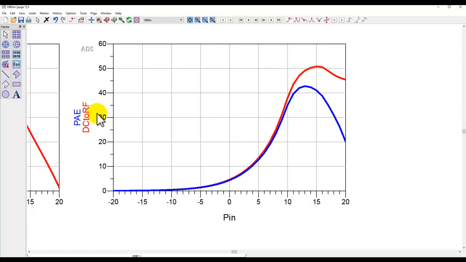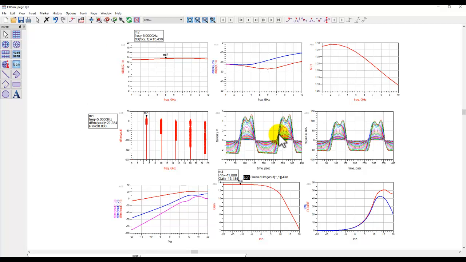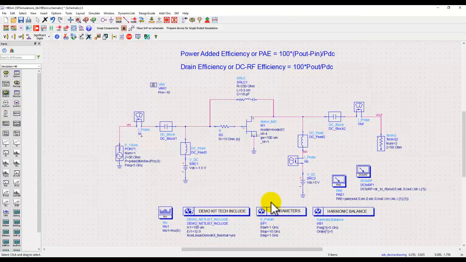And these things are a little amplified because they are all multiplied by 100. So what you see here is a bit of amplified performance. But that's how easy it is to do efficiency measurements for your amplifier or active devices.